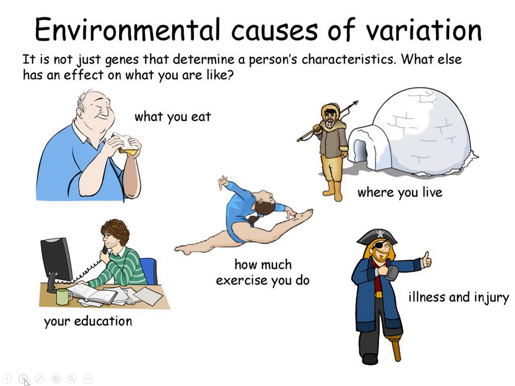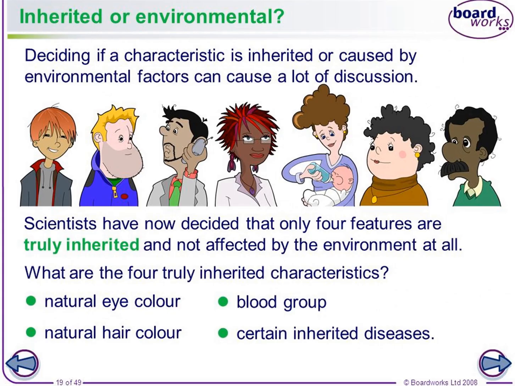All of these things will affect it also. Things like blood group is purely inherited. You cannot change your blood group type. So it is described that there are 4 things that are only truly inherited and not affected by the environment.